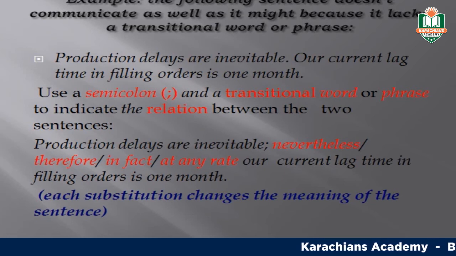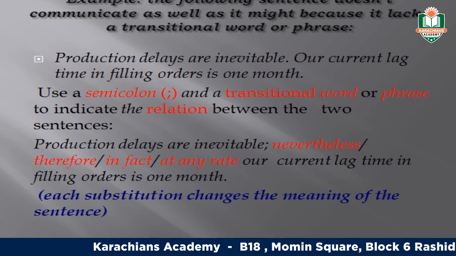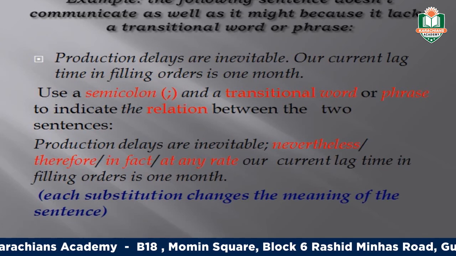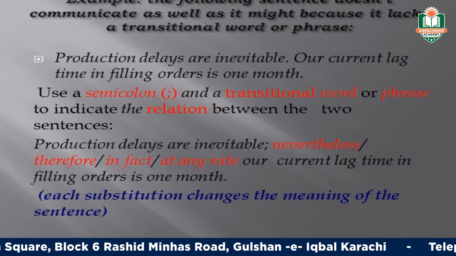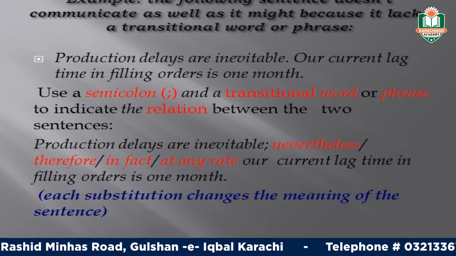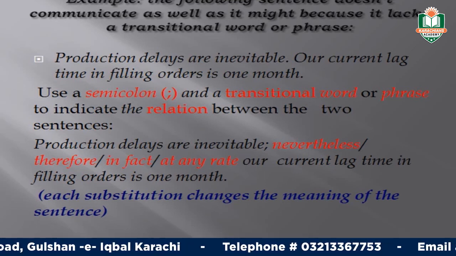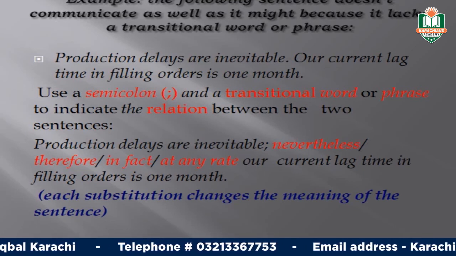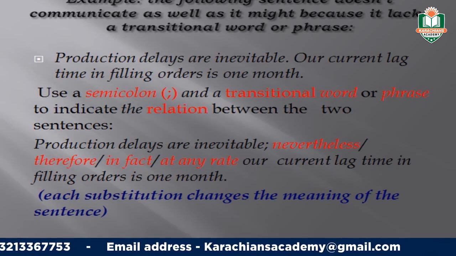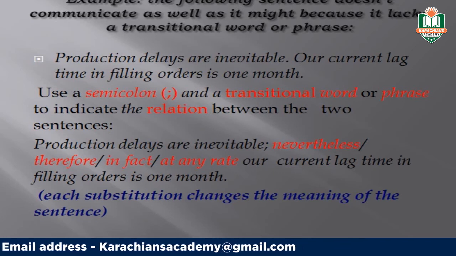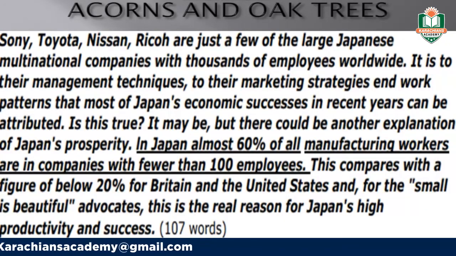So, any substitution that we make with the transition words will completely change the meaning of the sentence. Production delays are inevitable; nevertheless, our lag time in filling orders is 1 month. Production delays are inevitable; in fact, our current lag time in filling orders is 1 month. You can see the difference it makes to the overall sentence when the two are joined with different transition words.